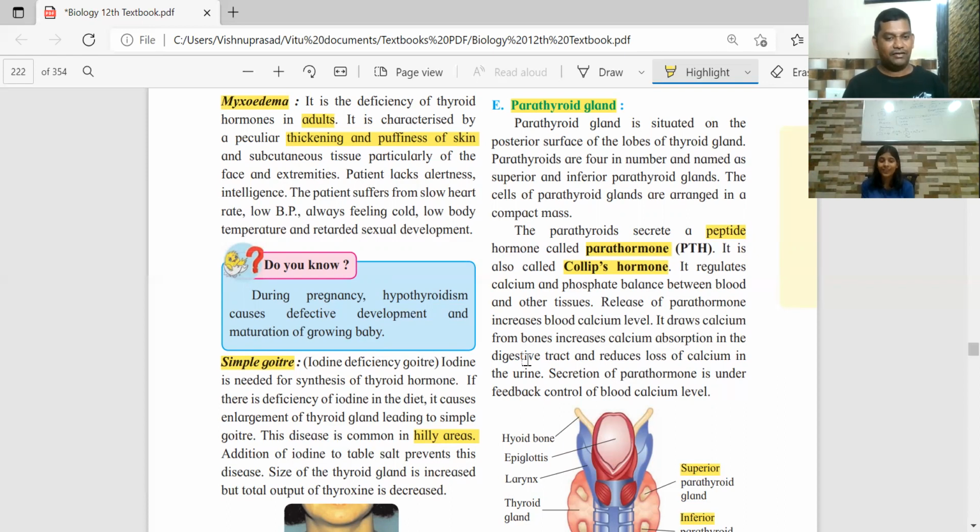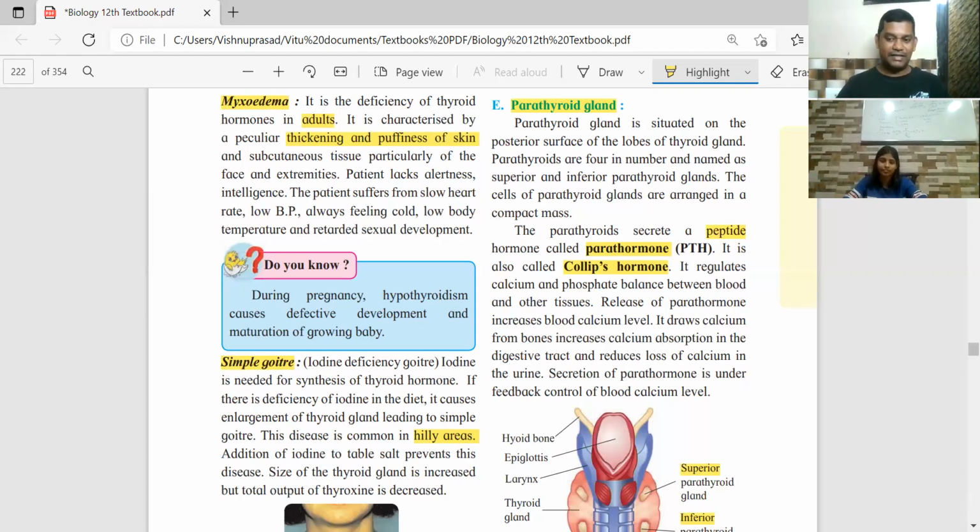At the same time, when the kidneys are filtering the blood to produce urine, this hormone stimulates the kidneys to reabsorb more calcium and put it into the blood. So ultimately this hormone is trying its best to increase blood calcium. Is it clear?